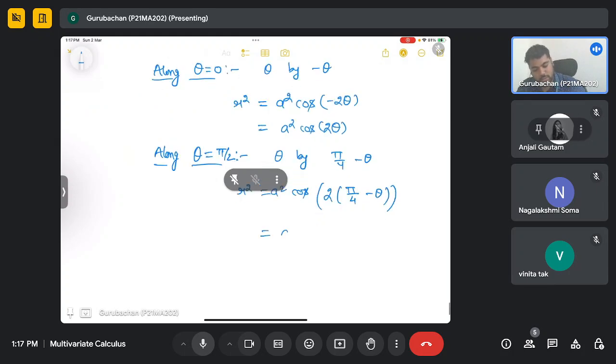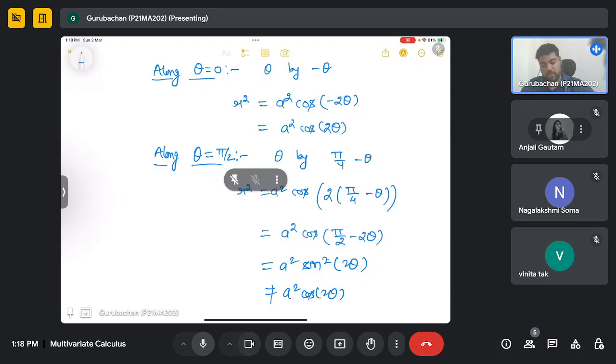This will give us a square cos of pi by 2 minus 2 theta, which changes this into a square sine 2 theta, which is not a square cos 2 theta. So what can we conclude from here? We can conclude that our polar curve has changed, so it does not have symmetry about theta equal to pi by 2.